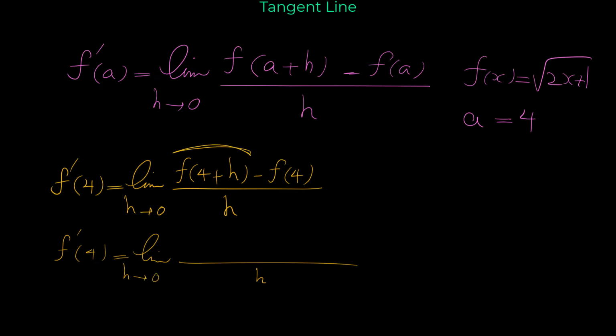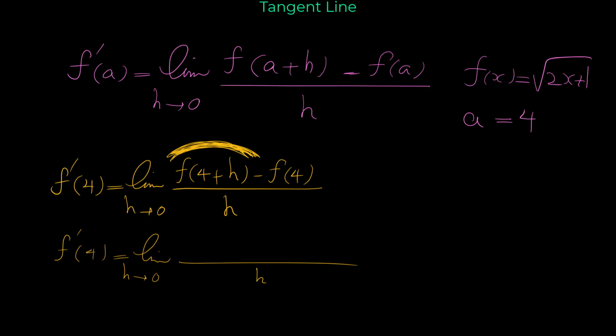The common mistake between the students is in finding this part, f of 4 plus h. Attention, f of x is radical 2x plus 1. If this x changes, also you have to change here. If x becomes z, you have to make here z. If x becomes a, you have to replace x with a.